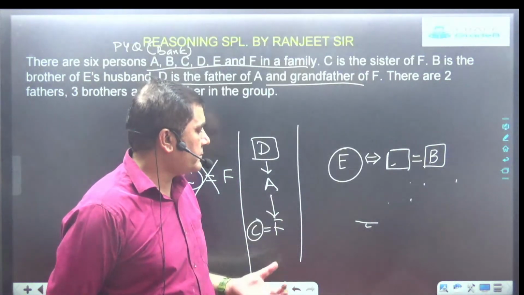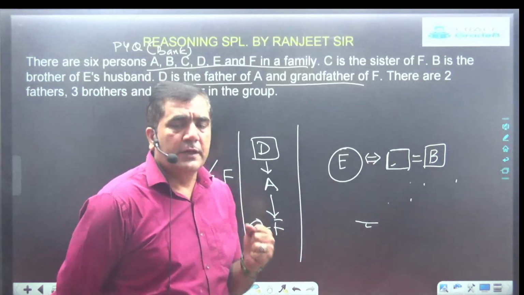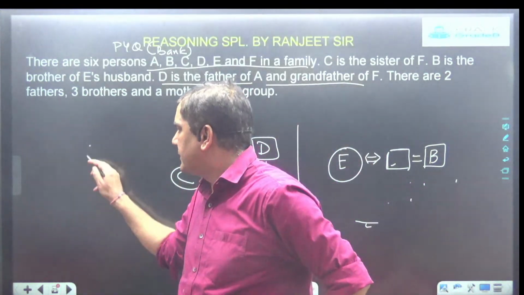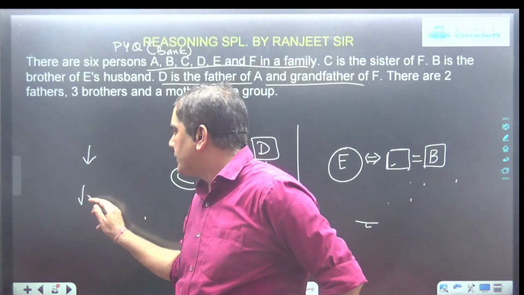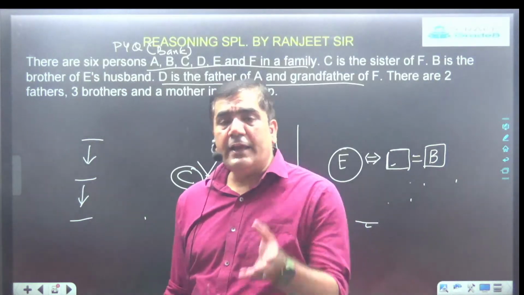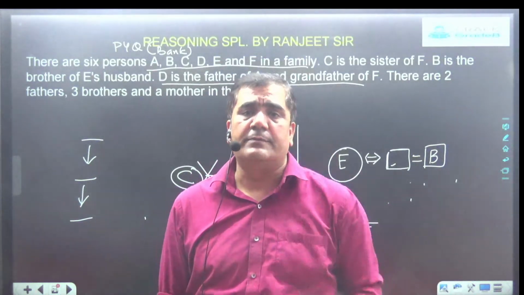Now let's understand one concept. Suppose in any problem, they are talking about 3 generations, 1, 2 and 3. And if they have given there are 2 married couples in the family, what does it mean?